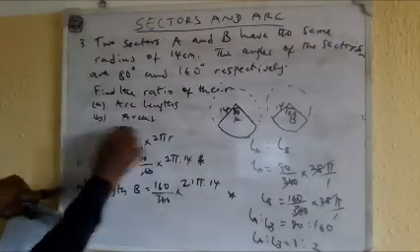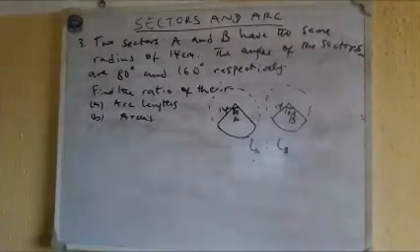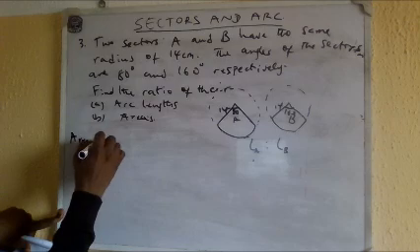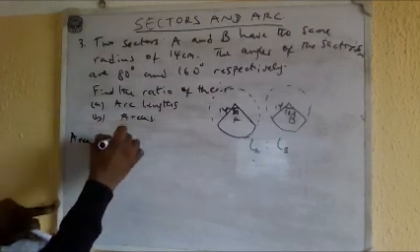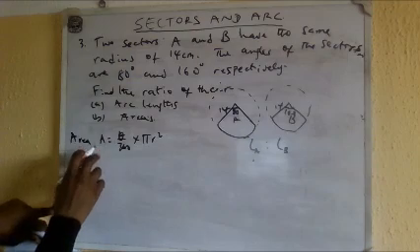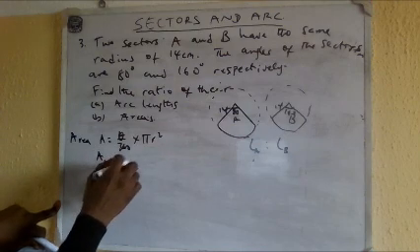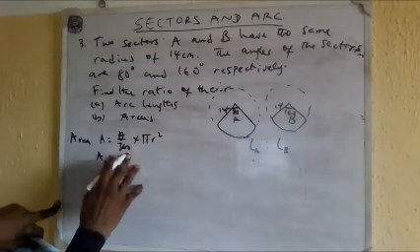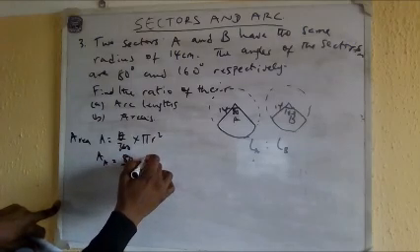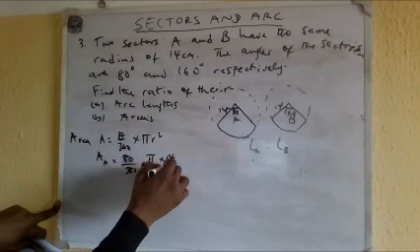Ratio of the area. Let me just erase these ones. All right, so for the areas, area A is theta over 360 times pi r squared. Theta for A is 80 degrees over 360 times pi times 14 squared.